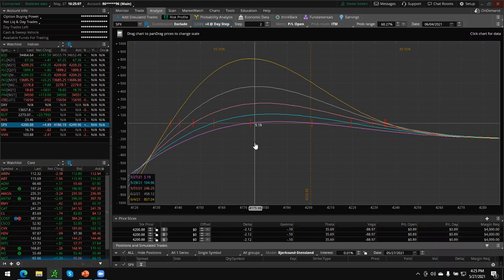To the upside, it's a little bit subjective as well. You can see that if you think about the difference between these lines, this is the P&L difference between these lines. And up here, there's no difference between them. By the time we got way up into here, it doesn't matter.